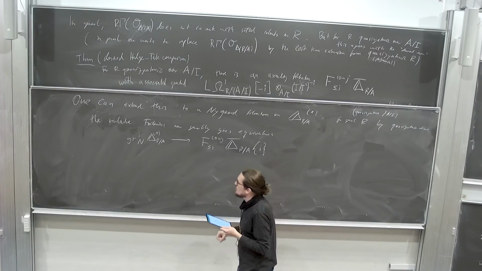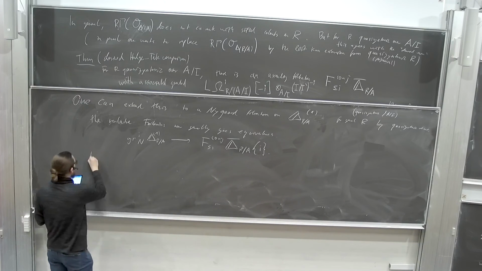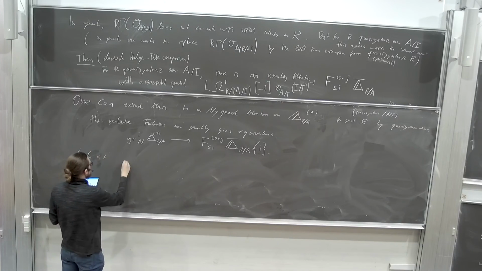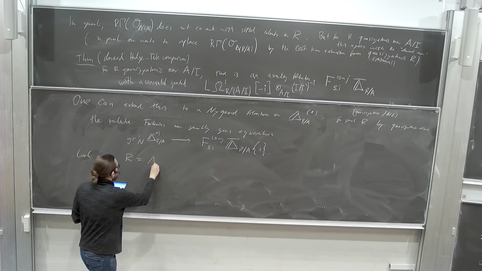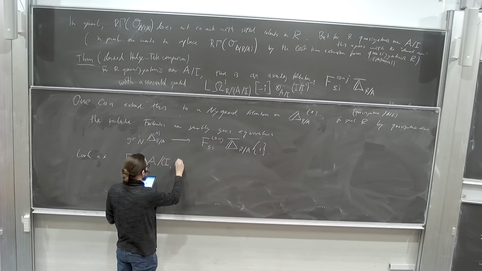So now finally, let's think about this regular quotient case, and let me look at a situation where my ring R is like A mod I modulo some r.